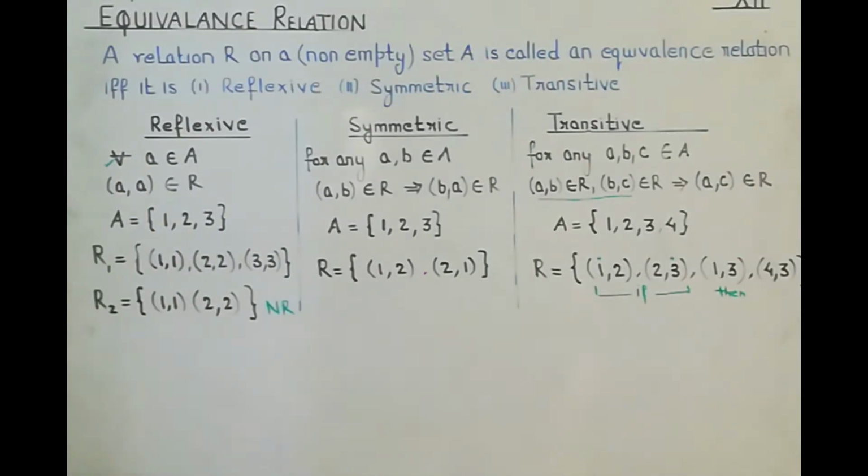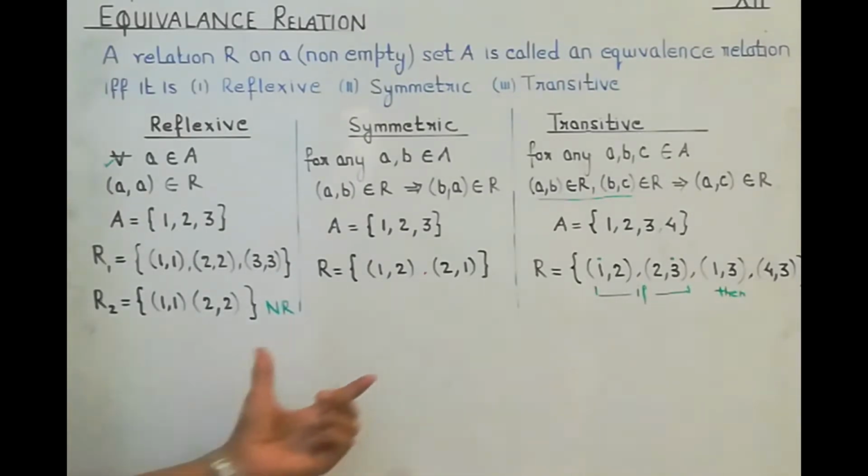This is the difference. Is this clear to you? In reflexive, you have to take the ordered pair for all the elements, whereas in symmetric you consider any 2 elements satisfying the given relation, and in transitive you take any 3. It is not compulsory for all the elements.